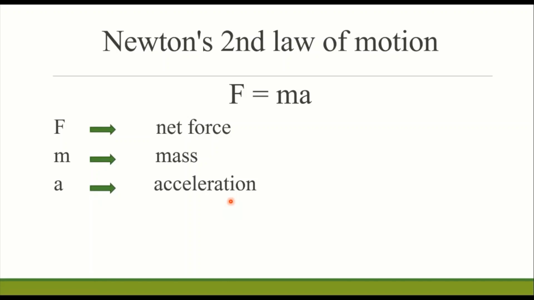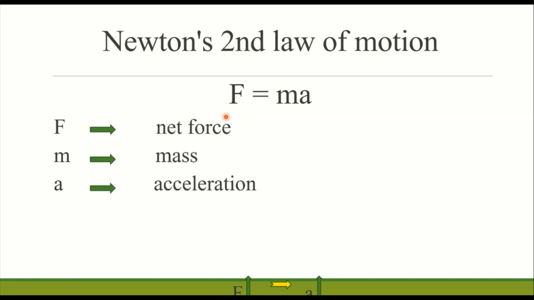This law emphasizes that the change in motion of an object is directly related to the strength of the force applied to it and how much inertia it has due to its mass. According to this law, if a body has a net force acting on it, it is accelerated. Conversely, if a body is not accelerated, there is no net force acting on it.